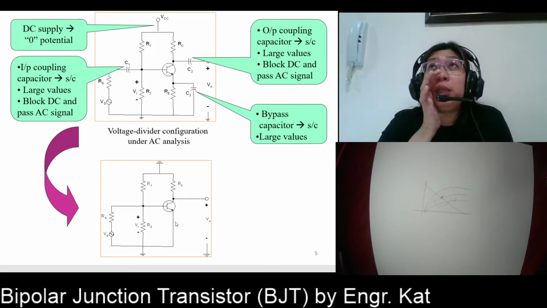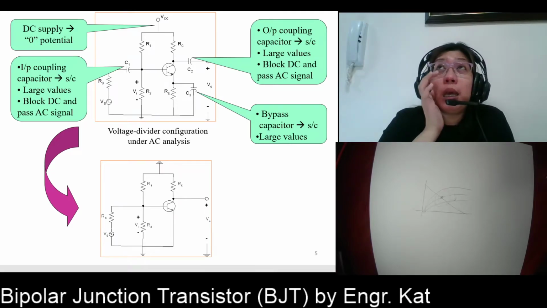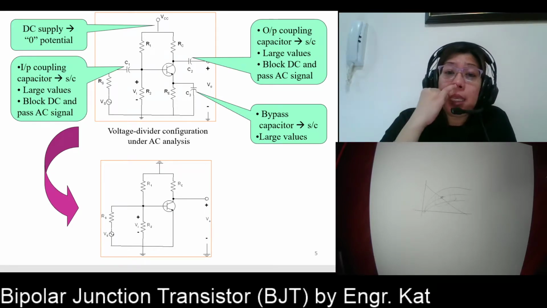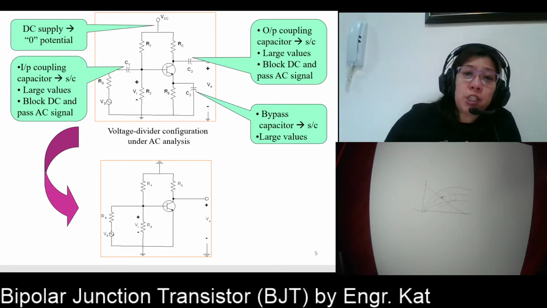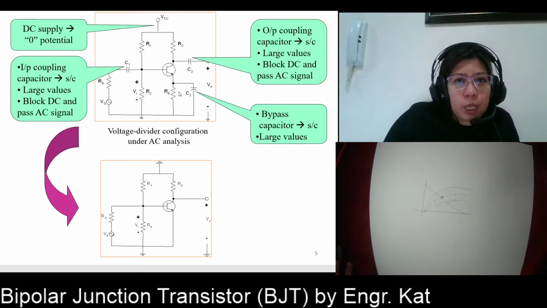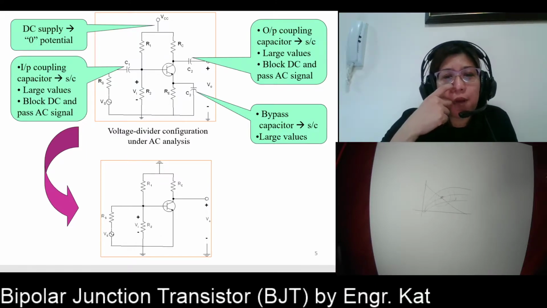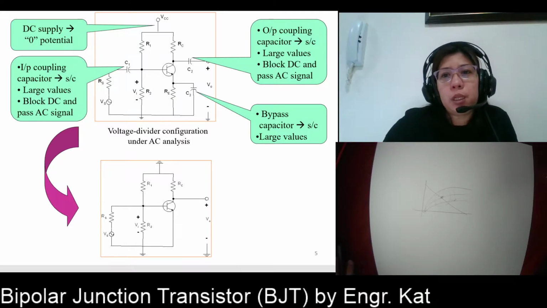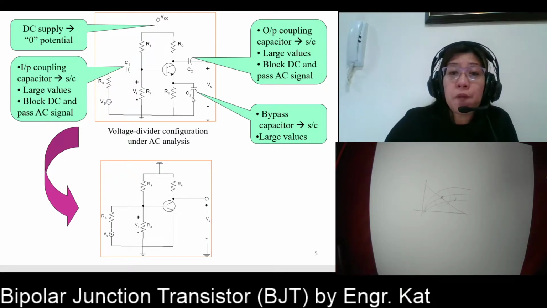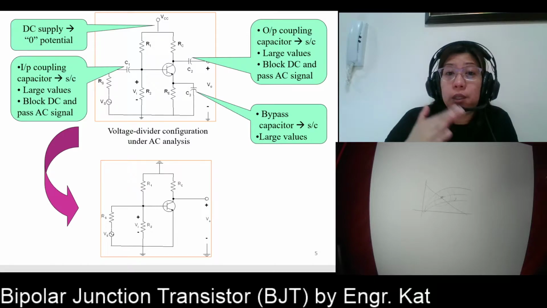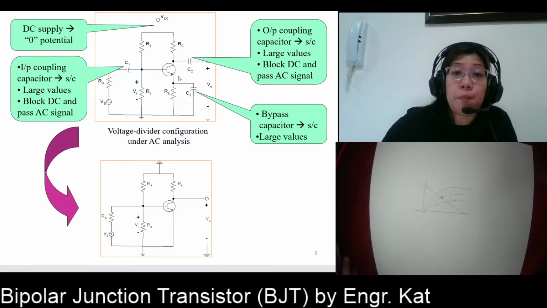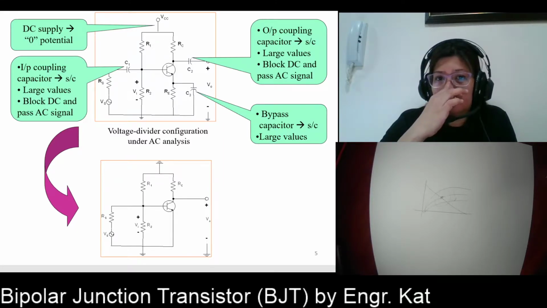So you might be wondering, if we wanted RE not to appear during AC analysis, why place RE in the first place? Fixed bias configuration doesn't have RE, so we don't need to use a bypass capacitor in fixed bias configuration. However, we have established in your DC analysis that RE plays a very important role in the stability of your circuit.